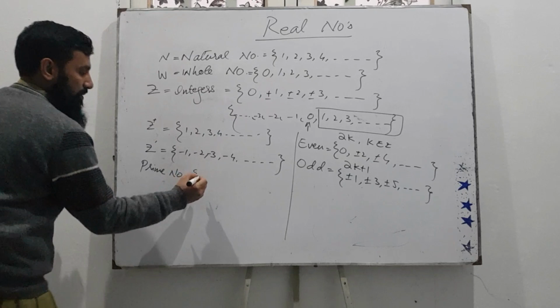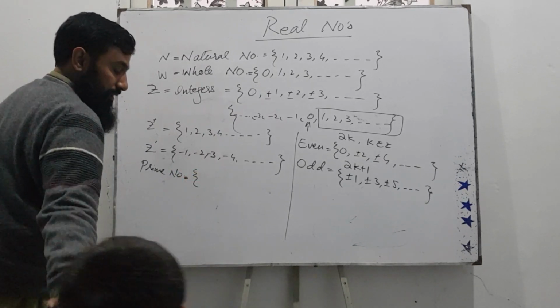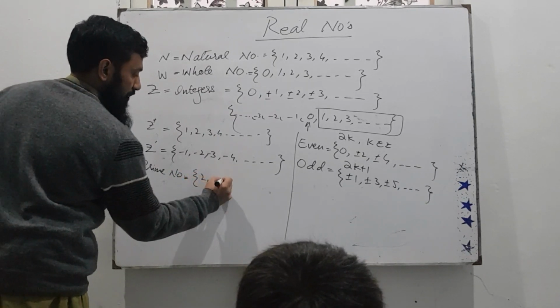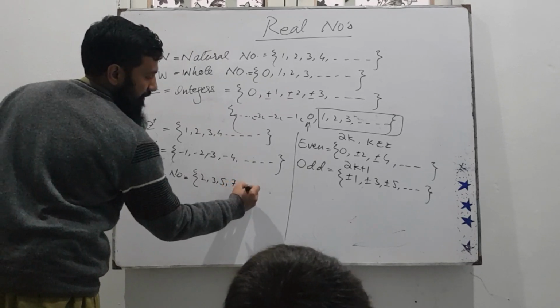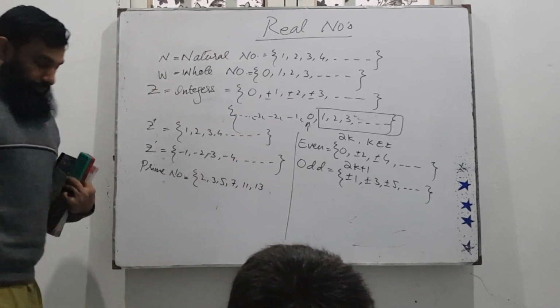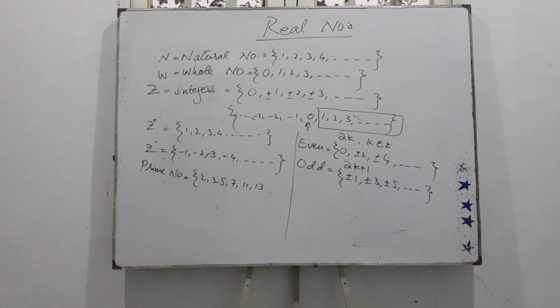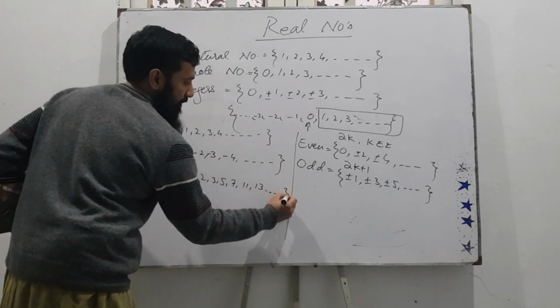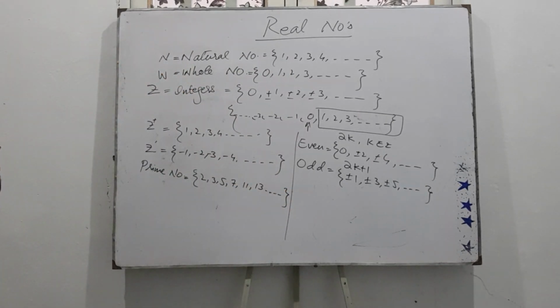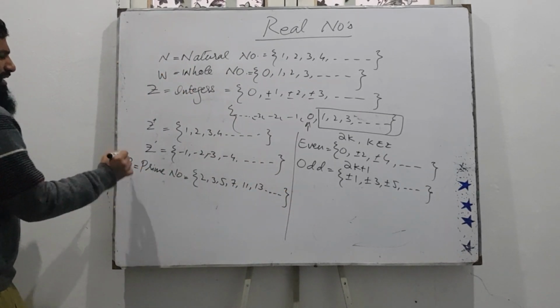For example, the prime numbers are 2, 3, 5, 7, 11, 13, 17. These are all prime numbers. Prime numbers are represented by capital letter P.